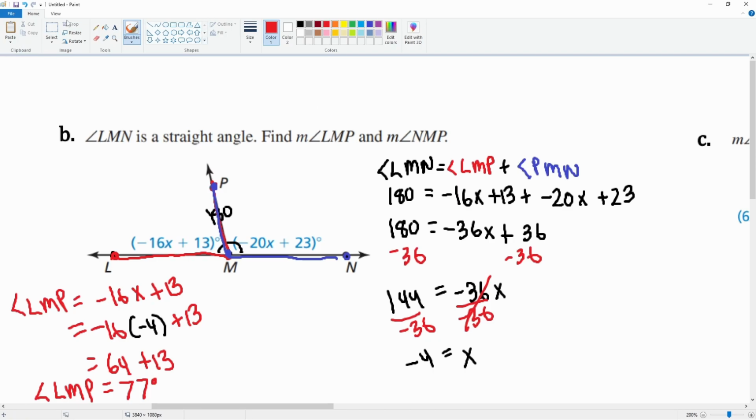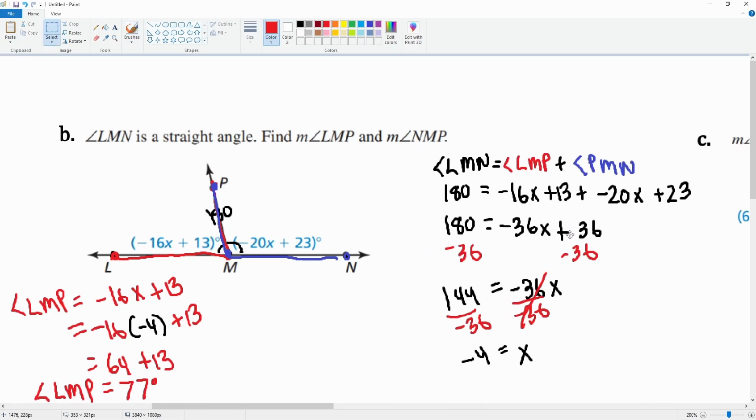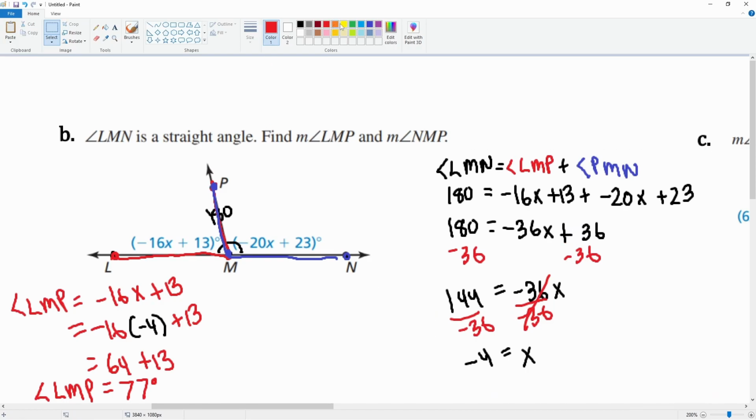Then let me move this over a bit so we can work with the blue angle, PMN. PMN is equal to negative 20x plus 23. We're also trying to find that. So we plug in negative 4 for x.